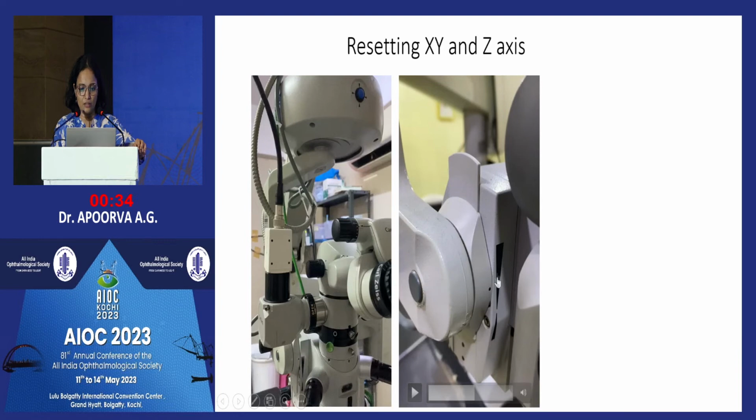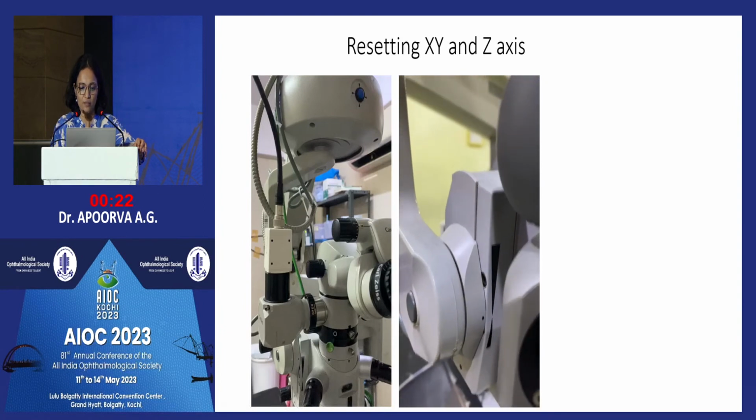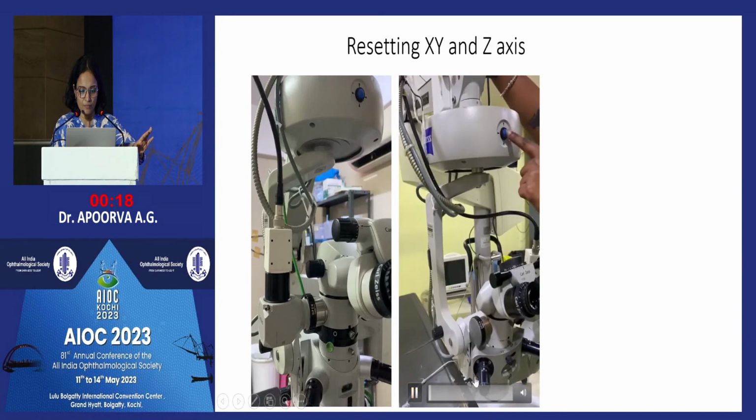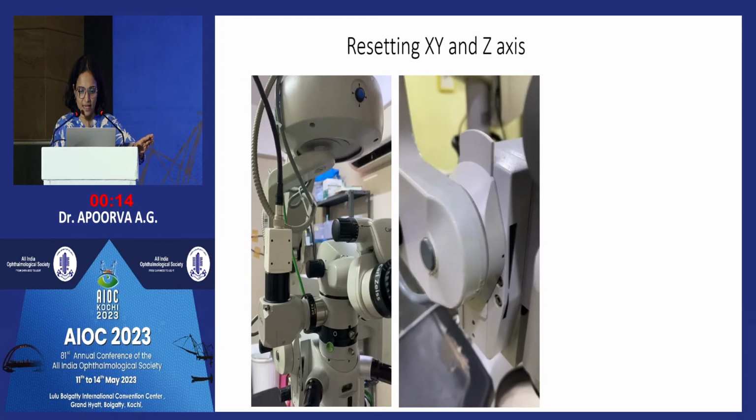This is the centration, which if the black dot is at the center, then it is centered, and this can go up to 40 by 40 mm of movement. So this is how it moves. I hope you can see. One second. So this is how a reset of the XY axis happens.